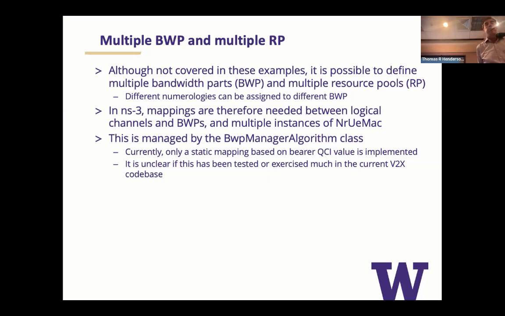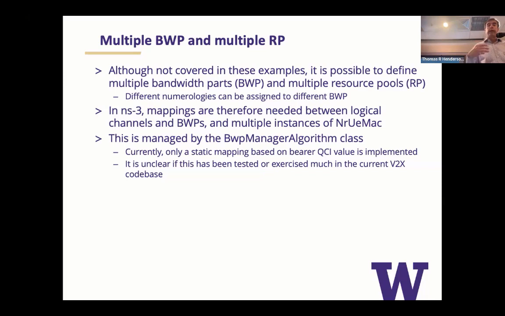In ns-3, if you do define multiple bandwidth parts, then you need mappings between the logical channels and the bandwidth parts. This is handled in ns-3 with something called a bandwidth part manager algorithm. Presently, there's only a static mapping in the default implementation, based on a bearer QCI value. So in principle, you could configure certain QCI values to be mapped to a particular bandwidth part and others to a different bandwidth part.